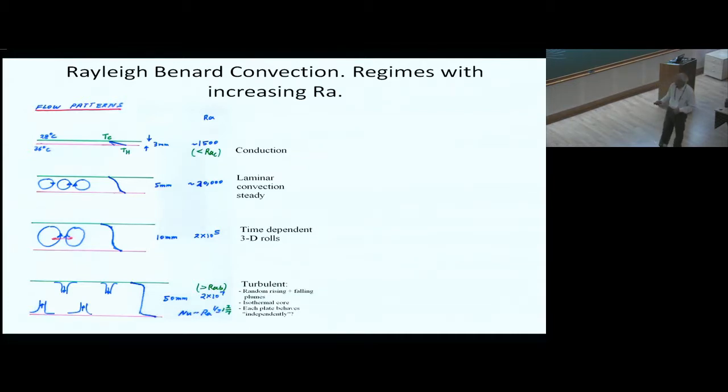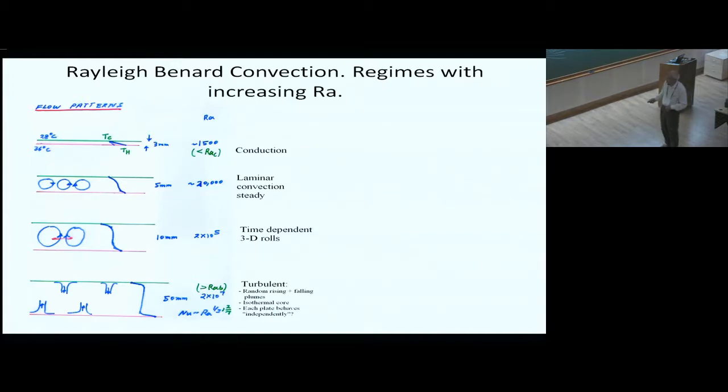And at around 10 power 5, you start getting time dependent rolls and also some three-dimensionality. And finally at around maybe 10 power 7 or so, the convection becomes turbulent and you get essentially uniform temperature in the core and very steep gradients of temperature at the two walls.